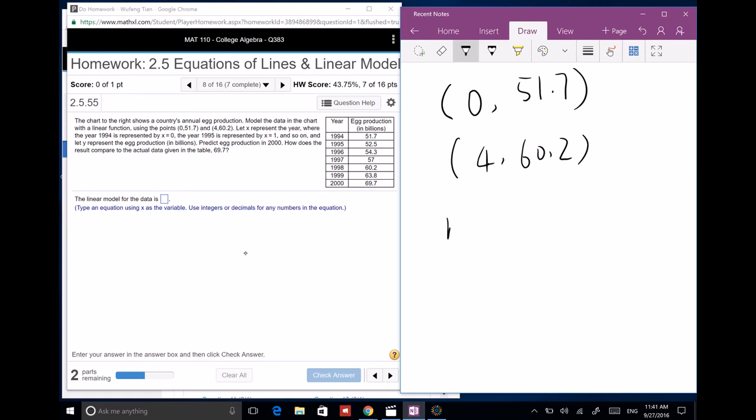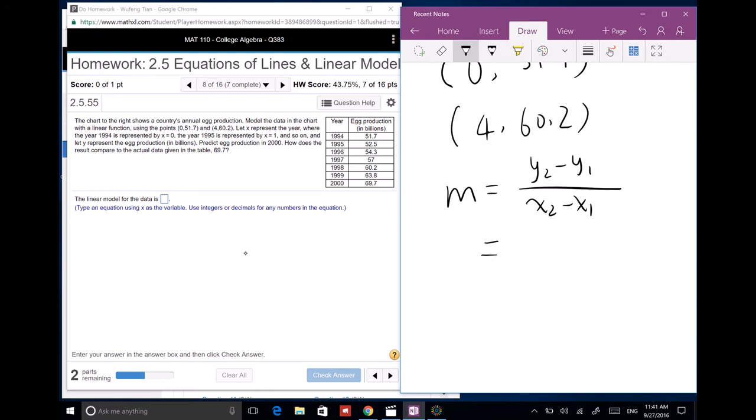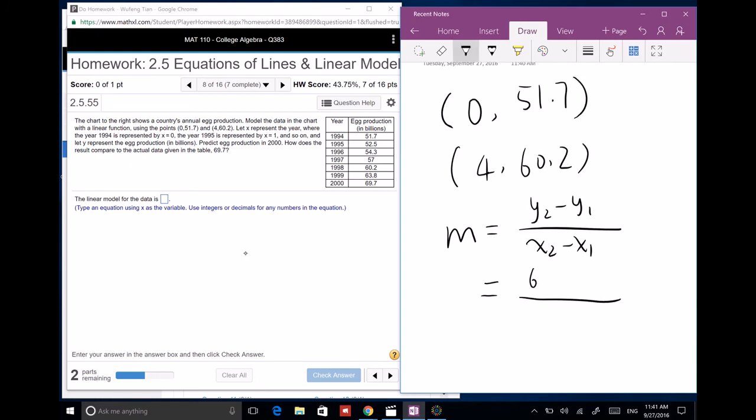First we need to find the slope. Slope equals y2 minus y1 over x2 minus x1. What we have here is 60.2 minus 51.7 over 4 minus 0.